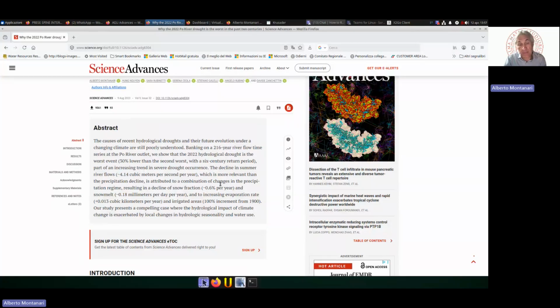And then there is the last sentence, which presents the innovation and why the innovation is important. Our study presents a compelling case where the hydrological impact of climate change is exacerbated by local changes in hydrologic seasonality and water use. So here we are saying why it is important.